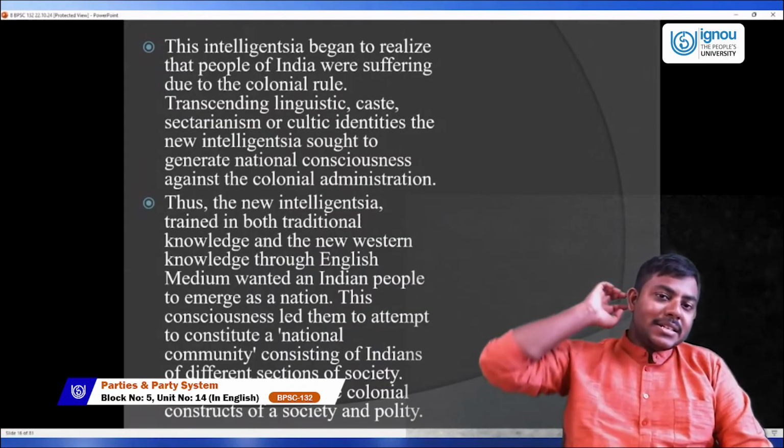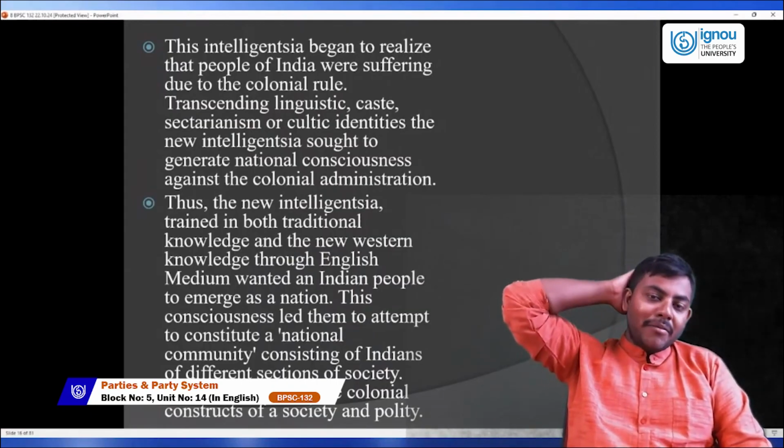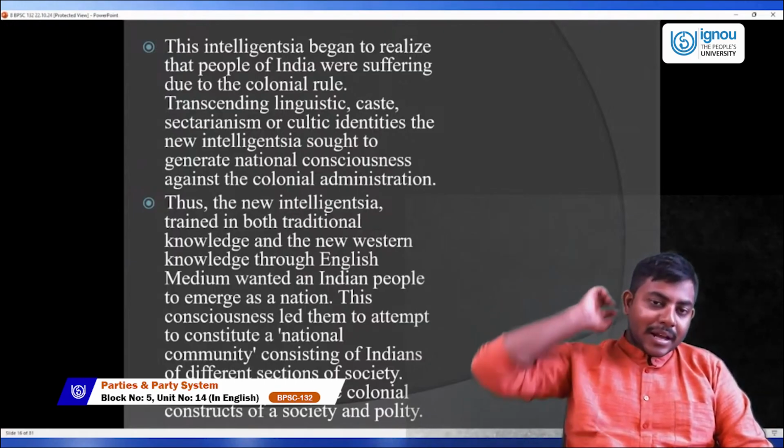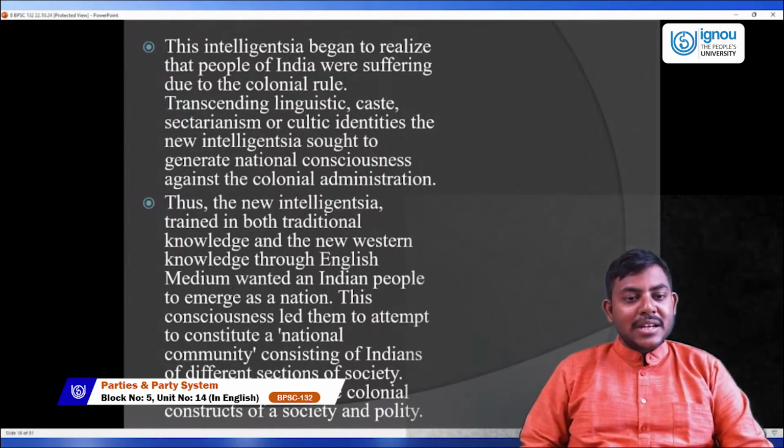And this intelligentsia began to realize that the people of India were suffering due to colonial rule, transcending linguistic, caste, sectarian, or cultic identities. The new intelligentsia sought to generate national consciousness against colonial administration. Thus, the new intelligentsia, trained in both traditional knowledge and new Western knowledge through the English medium, wanted the Indian people to emerge as a nation.